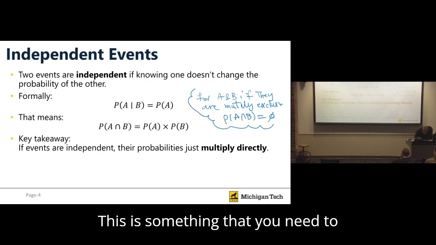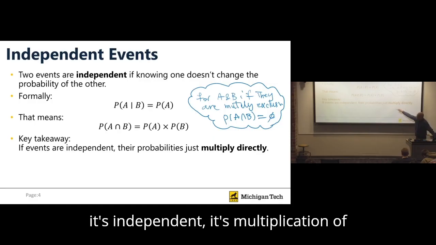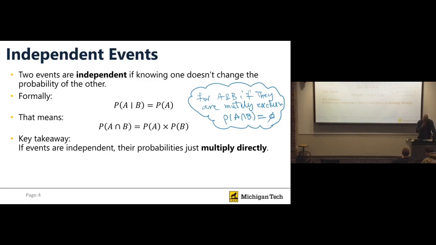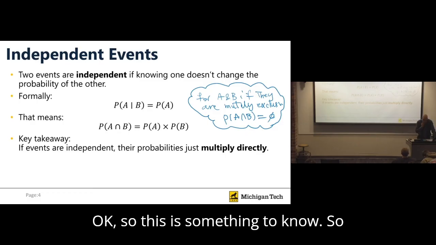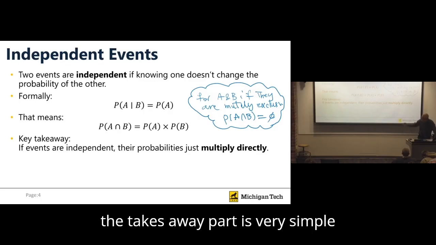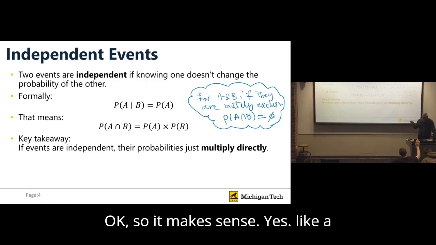This is something that you need to consider. But if they are independent, it is the multiplication of probability of A and probability of B. So this is something to know. The takeaway part is very simple. It's just multiplication directly. OK, so it makes sense.